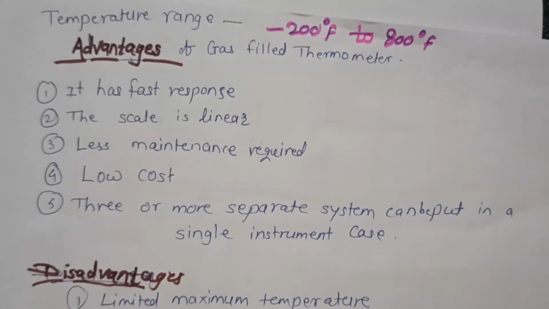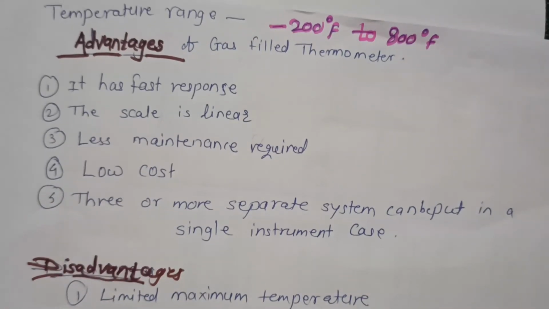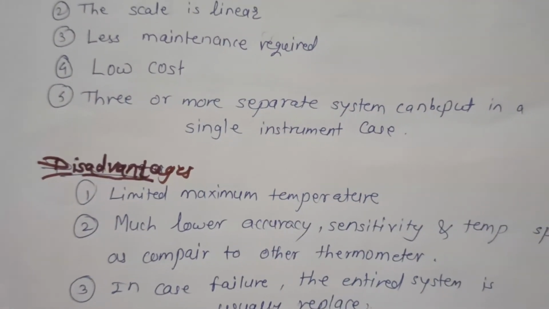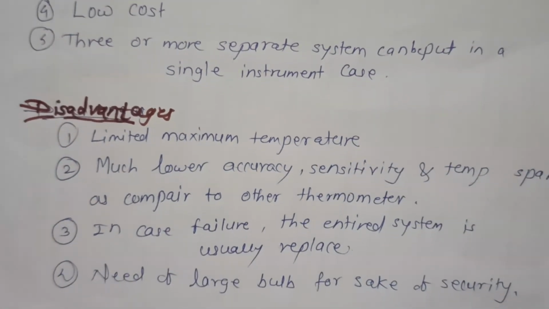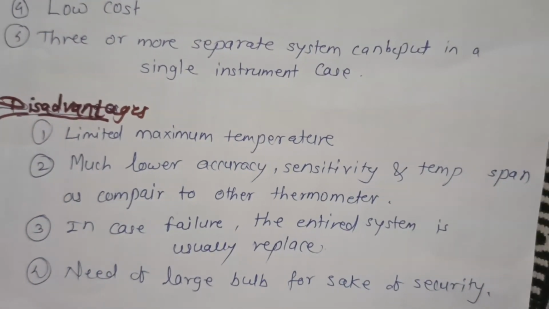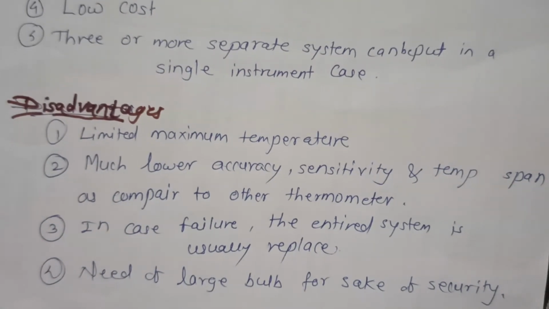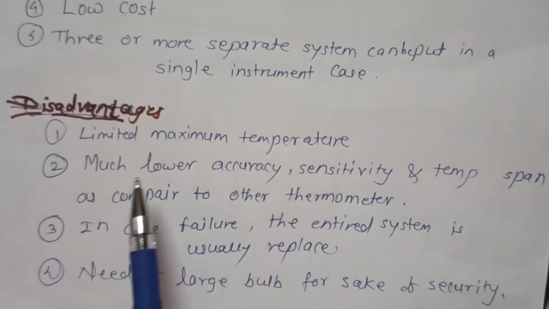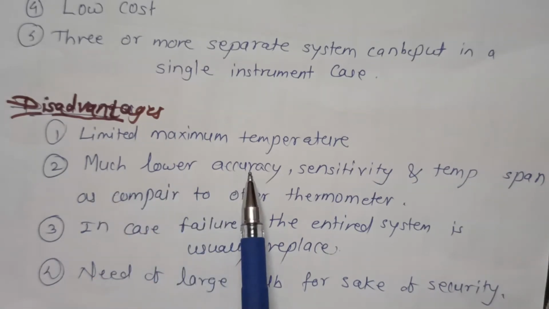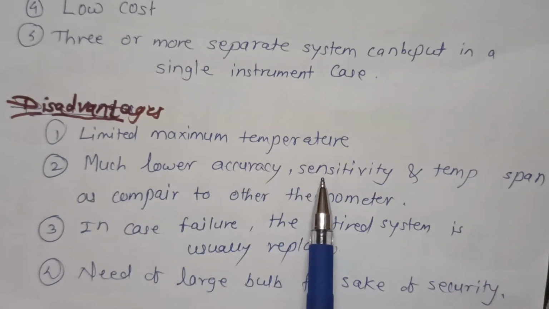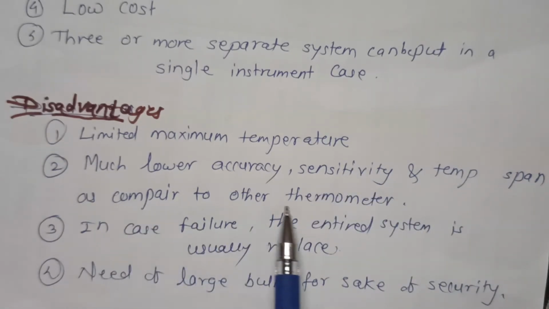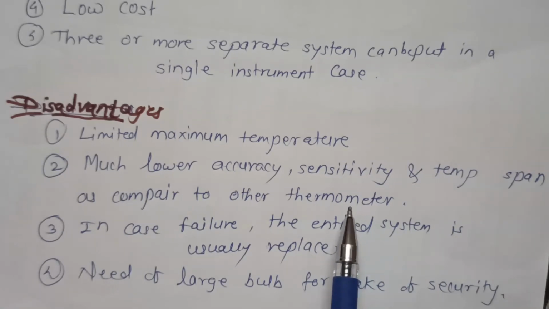Now disadvantages of gas filled thermometer. First disadvantage, it has limited maximum temperature, much lower accuracy, lower sensitivity, and temperature span as compared to other thermometer is high.